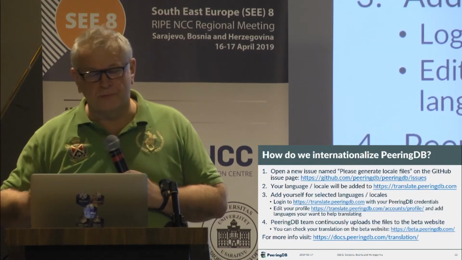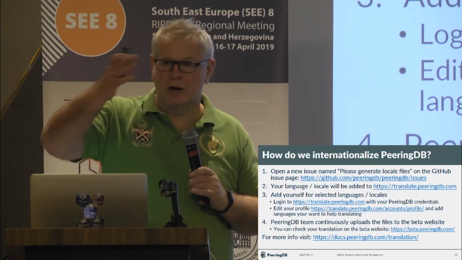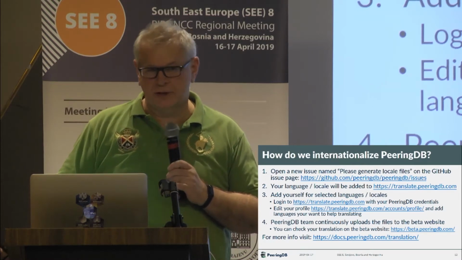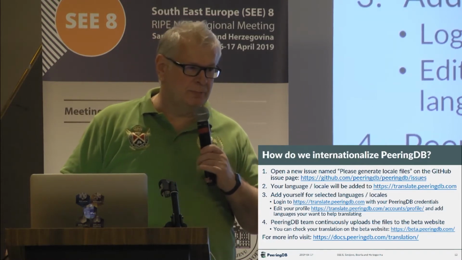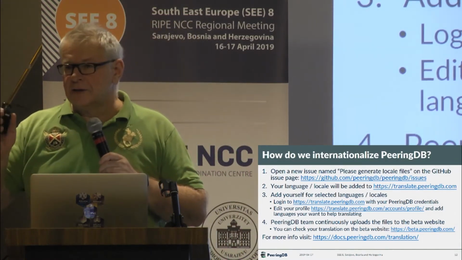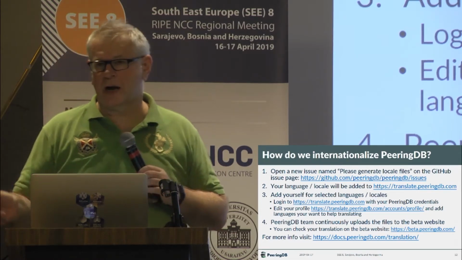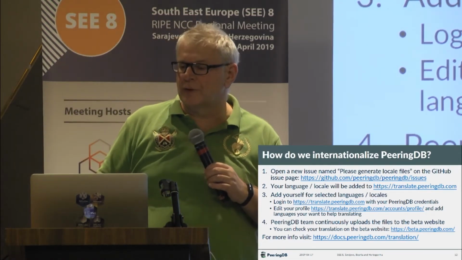So if you, for example, want to support translation in a local language over here, which definitely is not yet in PeeringDB besides, I guess, Romanian, simply open an issue in GitHub and tell us which locale you want to support.